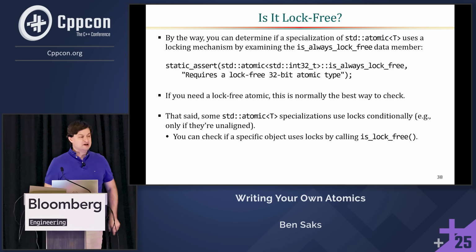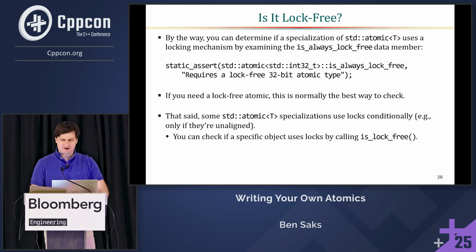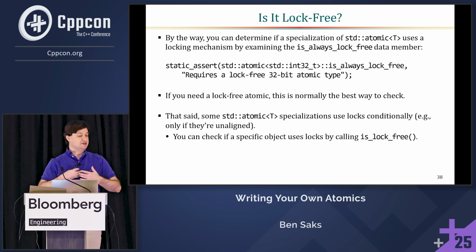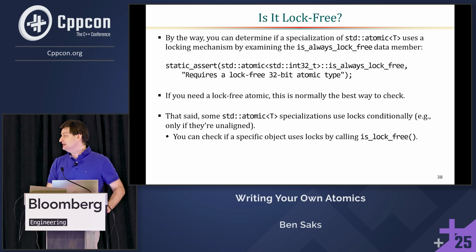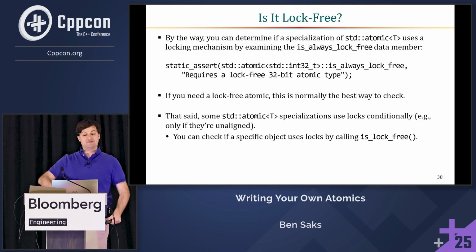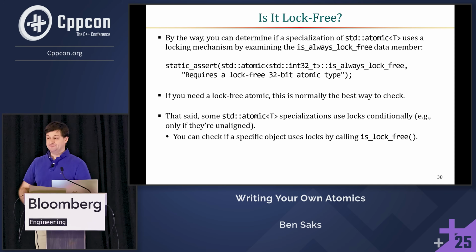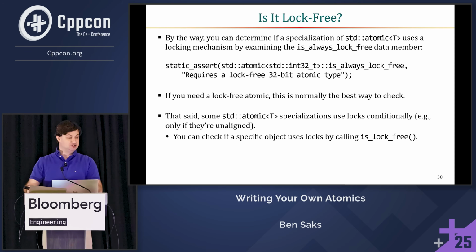And it's done that way because the standard allows for some std atomic specializations to use locks conditionally. For example, they might allow you to create an object that's not aligned to the expected memory boundaries that an object of type T would normally be aligned to. In that situation, is_lock_free might return true for a specific object if that object is aligned, for example, and it might return false for a different unaligned object.